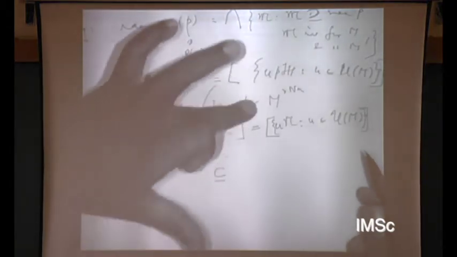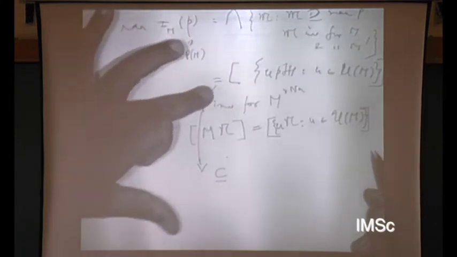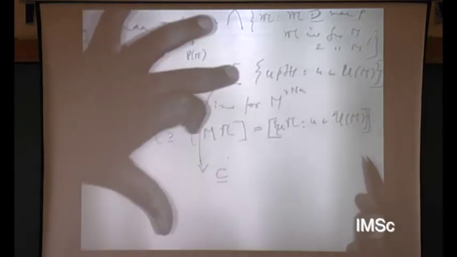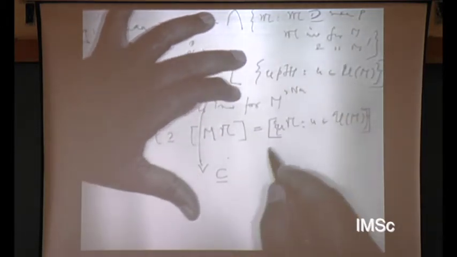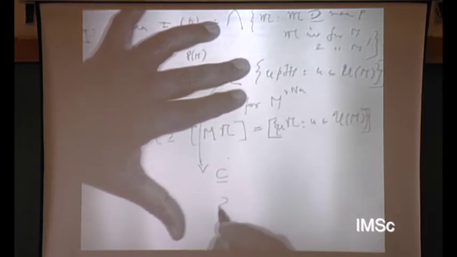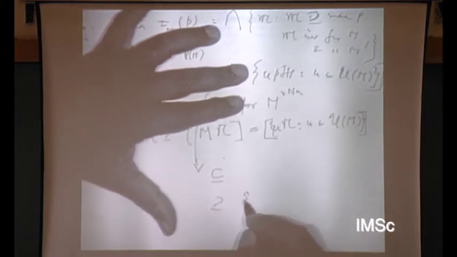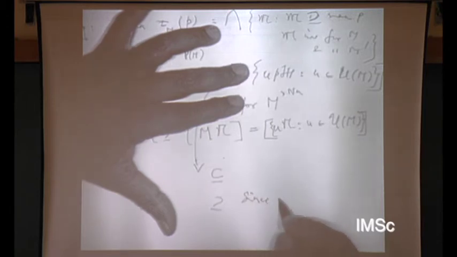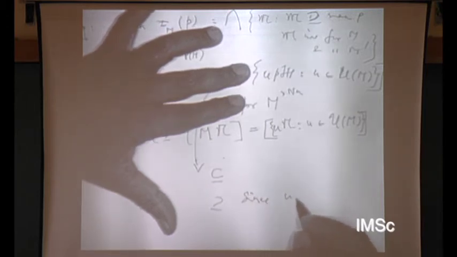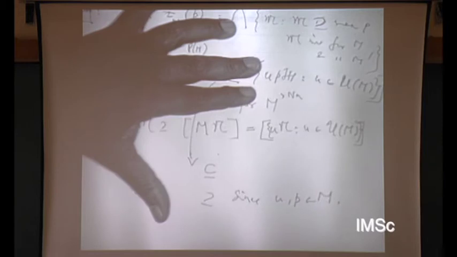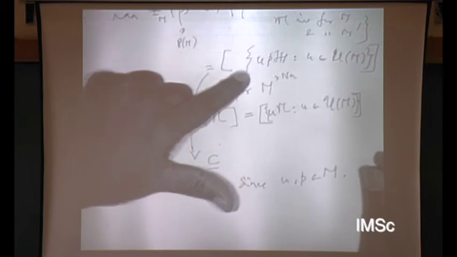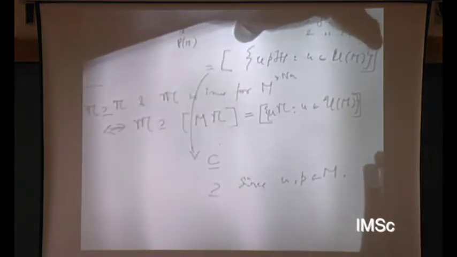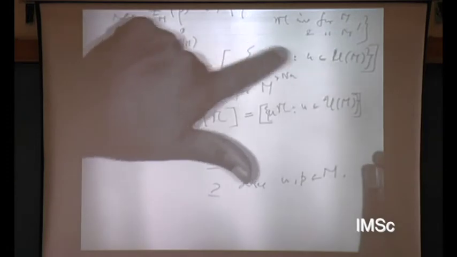But the point being made here, when I say it is equal, is that conversely this set is already invariant, since U and P come from M. So I want to say this space is invariant under M prime.